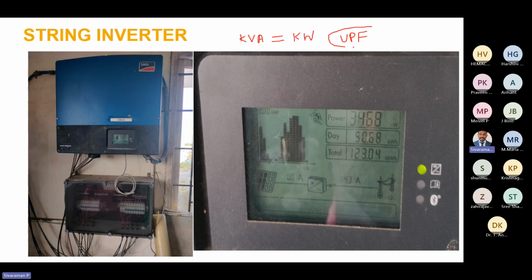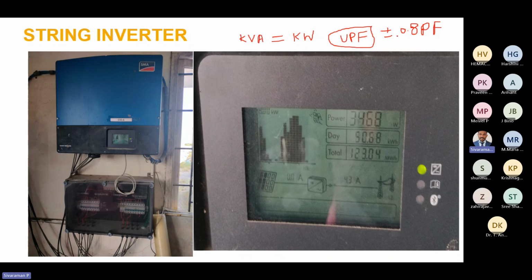Inverter ratings are not in kilowatt, they are in kVA. If you come across a solar inverter rating in kilowatt, it means it is at unity power factor condition. Solar inverters can operate at plus or minus 0.8 power factor, meaning 0.8 power factor lagging as well as 0.8 power factor leading.